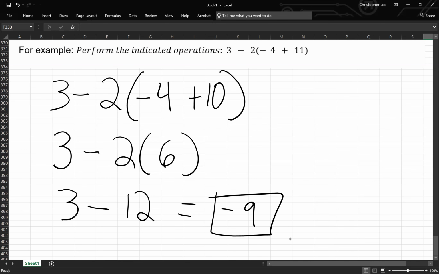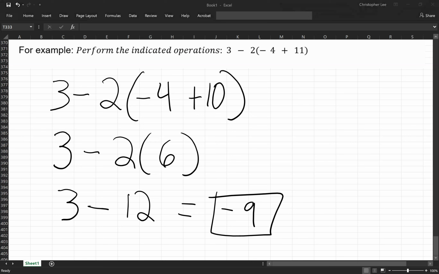Any questions about this? We good? Go ahead, ask. Why was it -9 instead of -15? Hold on.